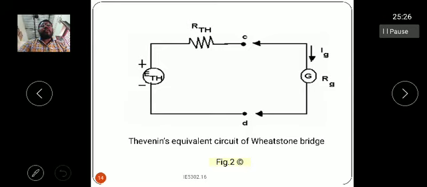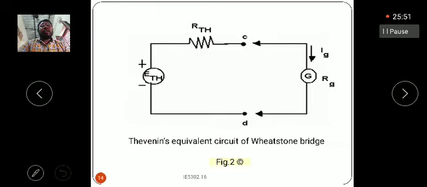The open circuit voltage is called Thevenin's voltage. The voltage source is replaced with a short circuit and the current source with an open circuit. Sorry, the current source is replaced with an open circuit and the voltage source with a short circuit.